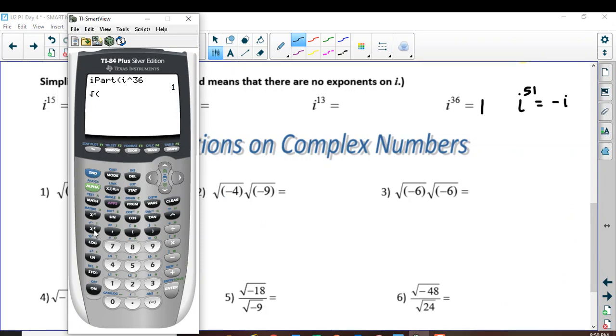So I have the square root of, I'm going to do negative 9 times negative 4. All right, and then I've got another parentheses because all of this is underneath the radical, and that gives me 6.